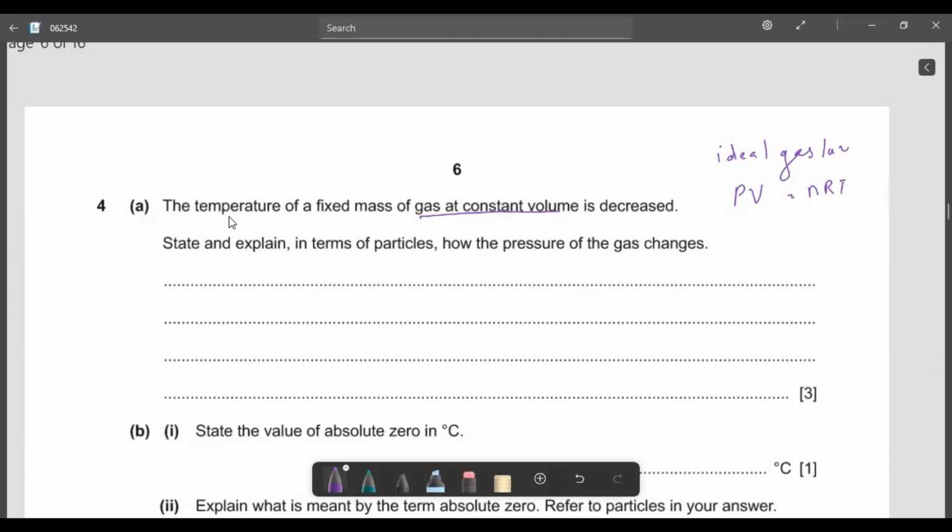If the volume is constant, the number of gas particles remains the same and the pressure is directly dependent on the temperature. If temperature increases, pressure also will increase. And if temperature decreases, pressure also will decrease.